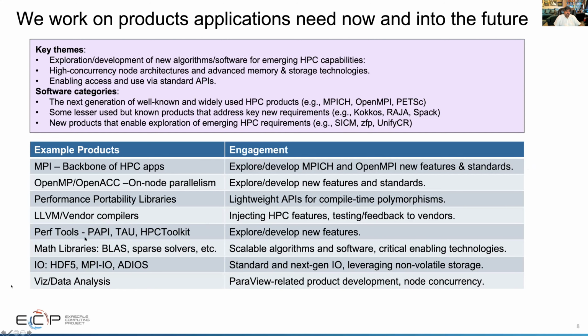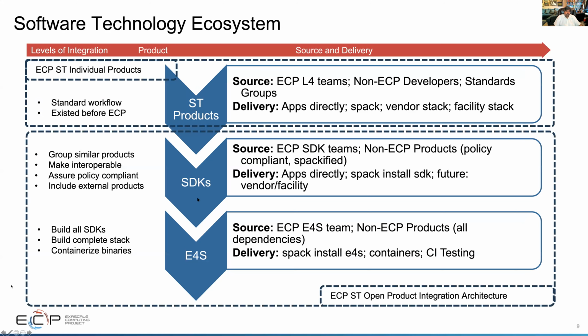We have Kokkos, RAJA, LLVM, and vendor compilers. We have performance evaluation tools, including PAPI, TAU, and HPCToolkit. We have math libraries such as BLAS and sparse solvers. We have Trilinos, PETSc, SUNDIALS, I/O libraries such as HDF5, ADIOS, MPI-IO, and data and visualization tools such as ParaView and VisIt.